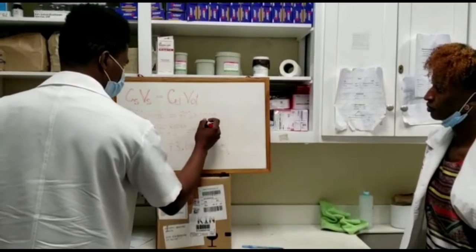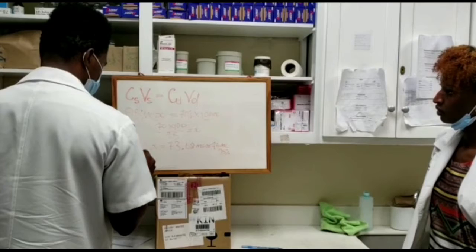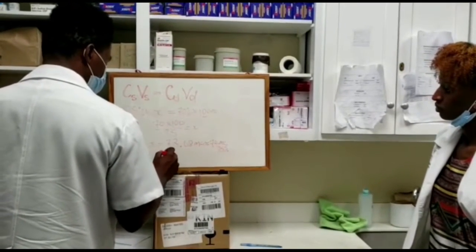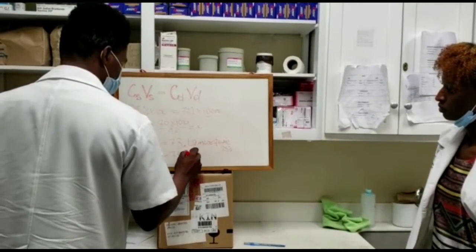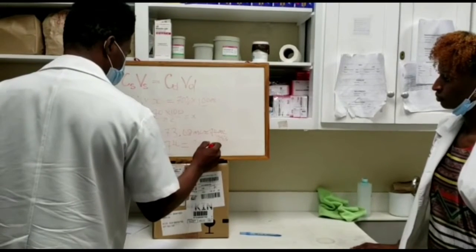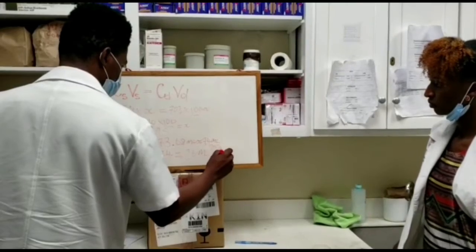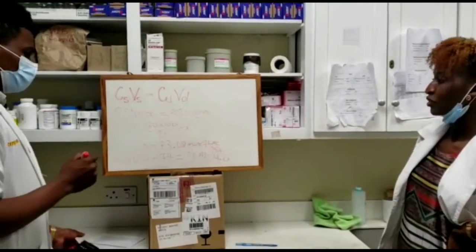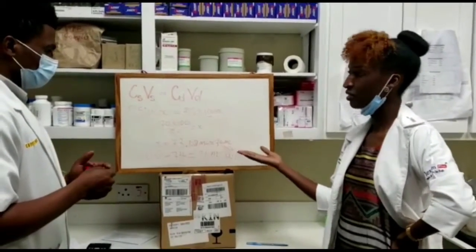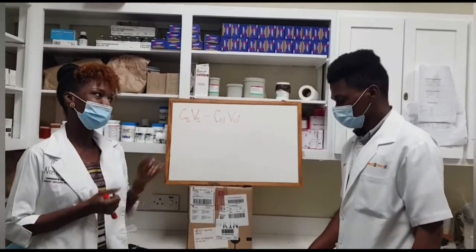So we should minus that from the final volume, and the diluent we're going to use is water, so 100 minus 74 is equal to 26 mLs of water. Alright, perfect. So you got the same answer as I did, 26 mLs of water and 74 mLs of 95% alcohol. Good job.